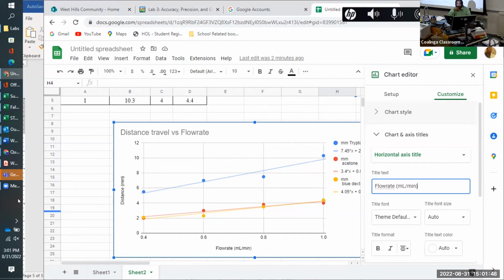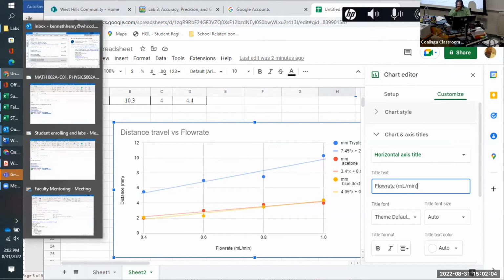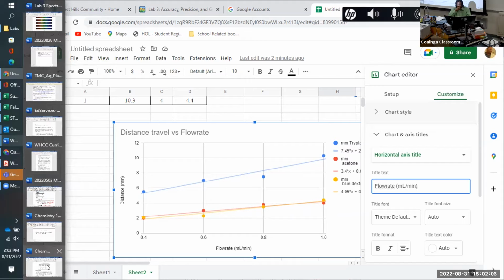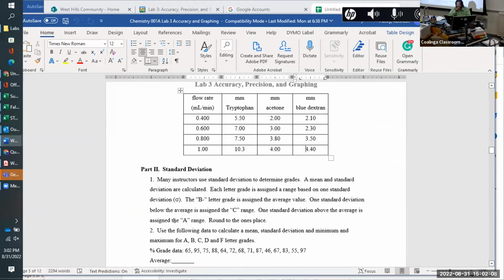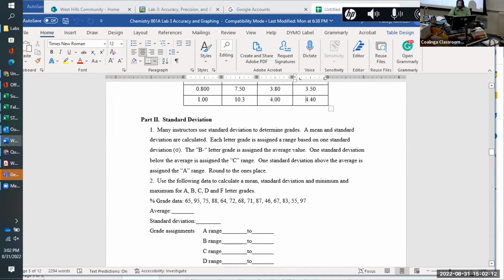So what is the next part? Okay, so let's go to the next graph. No, the next part is, let's do the standard deviation.